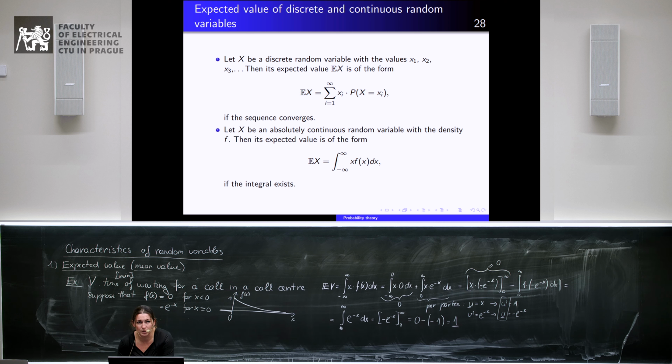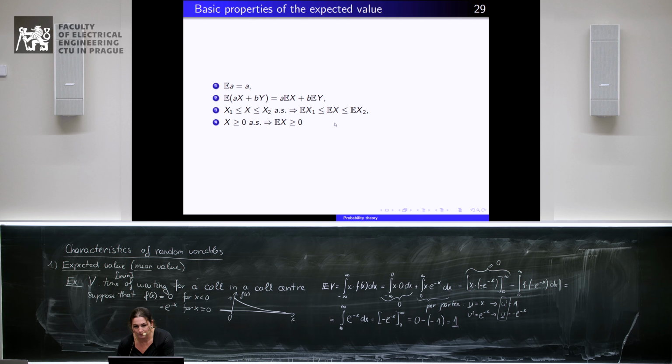And the properties of sums and integrals exist, of course, and the sum converges. The property of the integral is that we can take the constants in front of the integral or of the sum, and we can calculate the integral or the sum of random variables as the sum of these integrals or sums respectively. And so it follows directly from the definition of expected value.